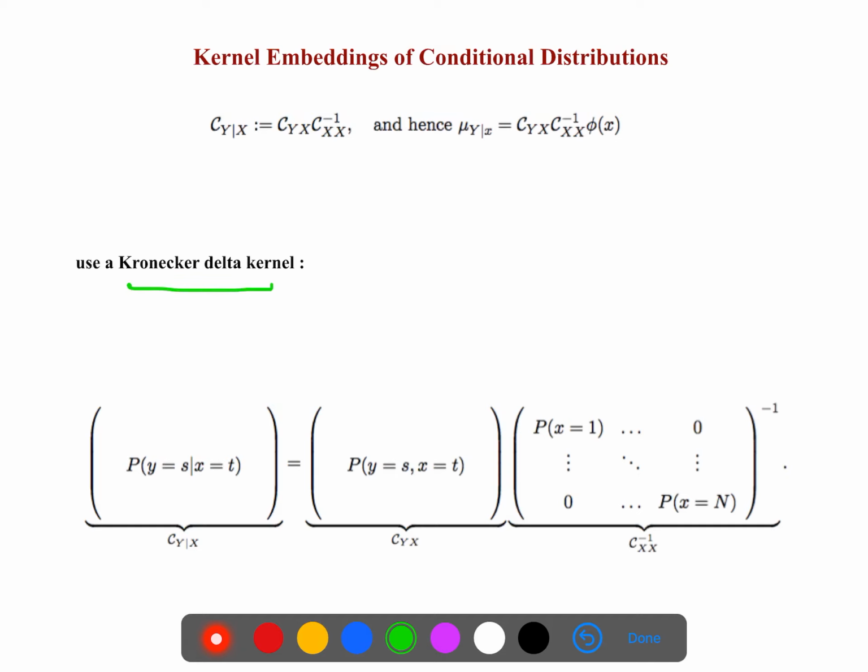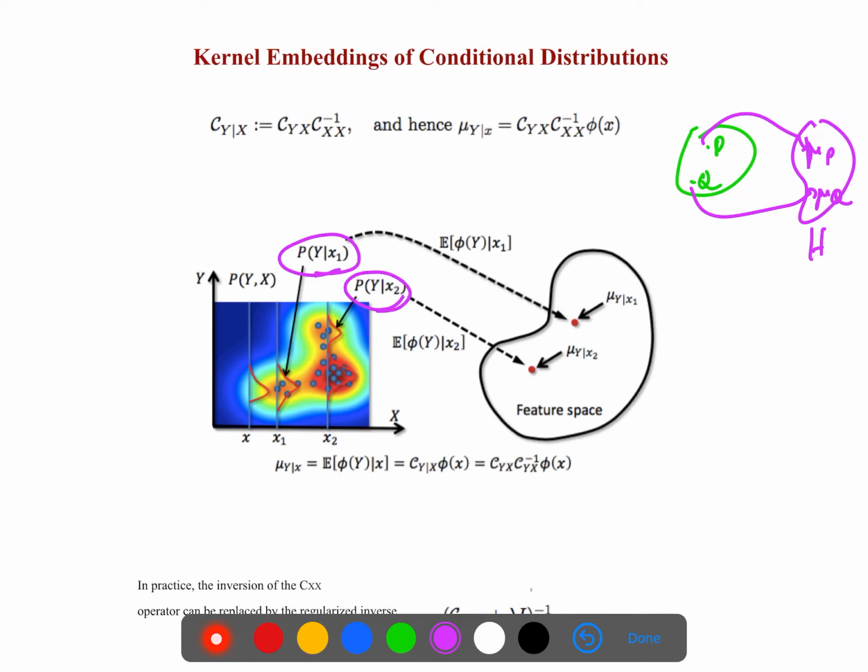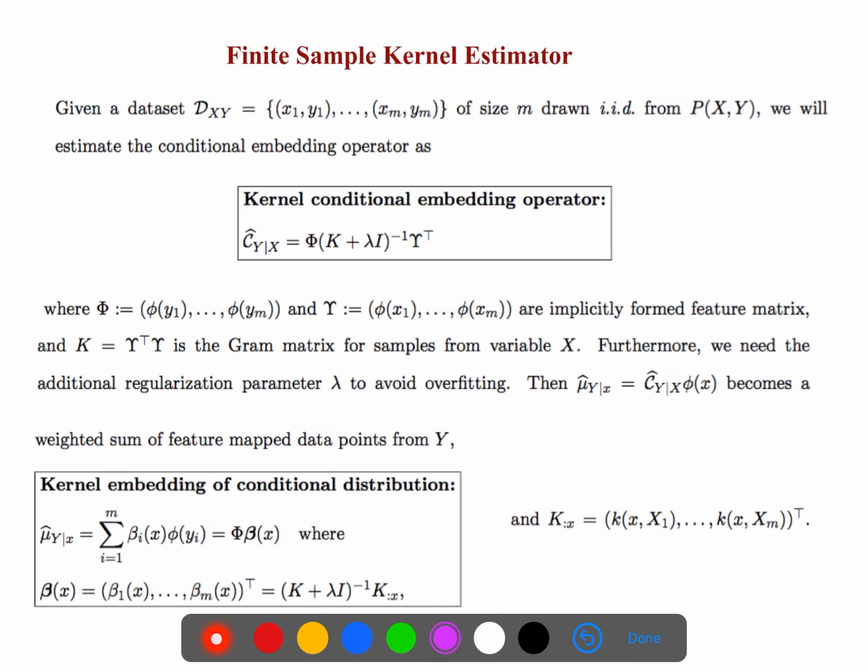For the canonical delta kernel, just for intuition and nothing more, we can simply see such beautiful things. So instead of mapping P and Q to the Hilbert space, which I told you as mu P and mu Q, here we are mapping conditional distributions to their conditional means. So we have just generalized the idea.